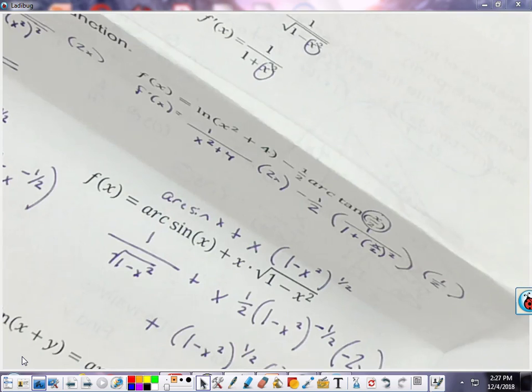I guess I can. Yeah. Really? I basically just want to use it for a long correction.